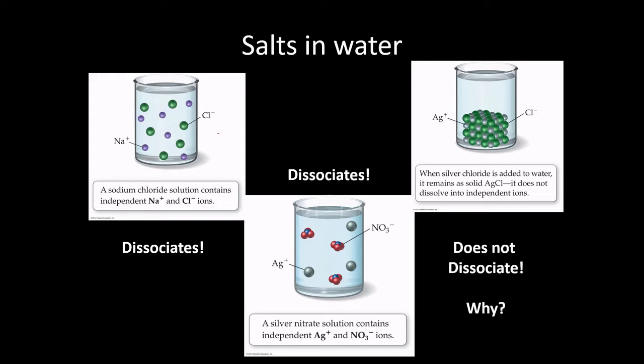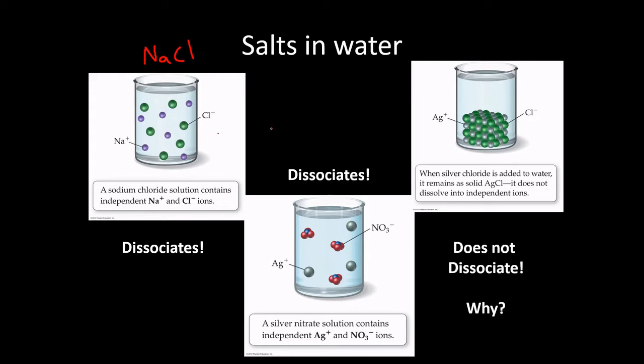So, for example, sodium chloride, NaCl, when you put it into water, it does not stay as NaCl. Instead, the crystal lattice of the sodium chloride gets broken apart, and the individual ions get dissolved into the water and carried around by the water molecules.